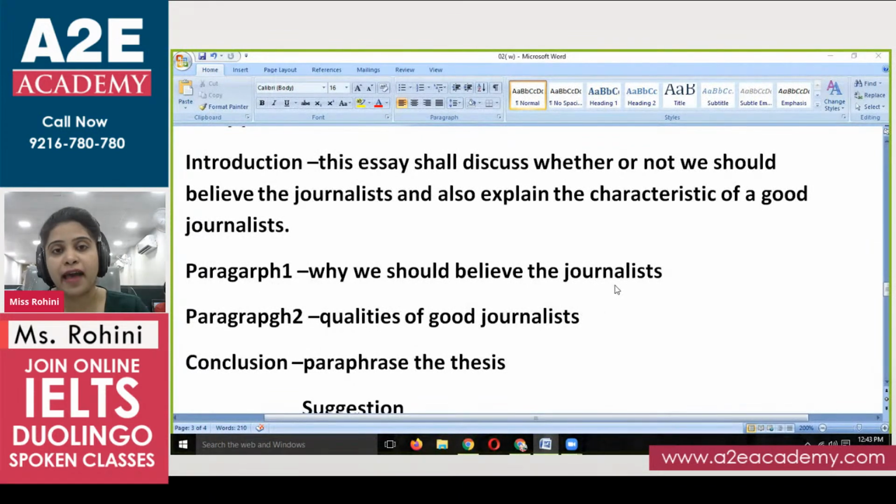There is no denying the fact that a correspondent helps to make a link between individuals and government. If we think about how the public can interact with the government nowadays, it is the journalist. It's the journalist, it's the media channels that help us to interact or make a link between them.